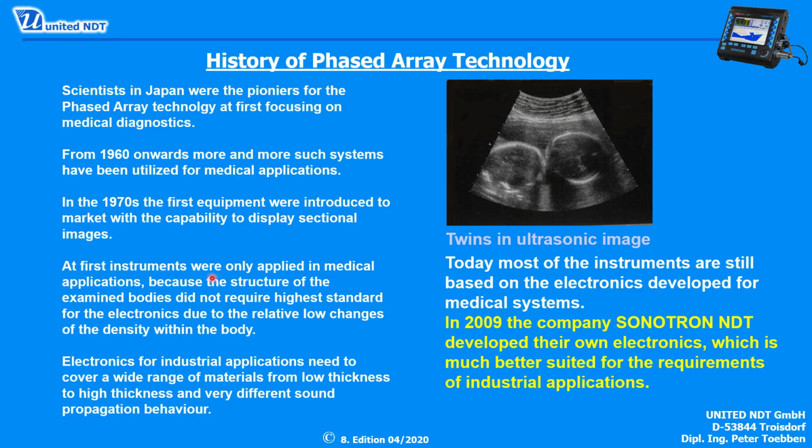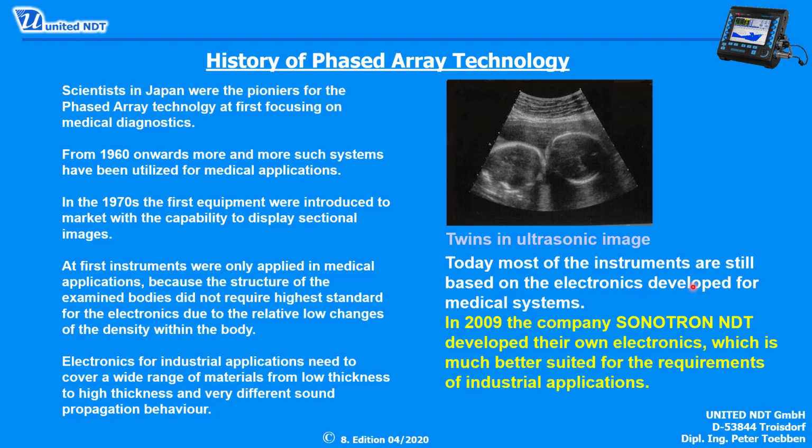The first instruments were only applied in medical applications because the structure of the bodies did not require high standard for the electronics due to the relatively low changes in density. Electronics for industrial application need to cover a wide range of materials, from low thickness to high thickness, and very, very different sound propagation behavior.